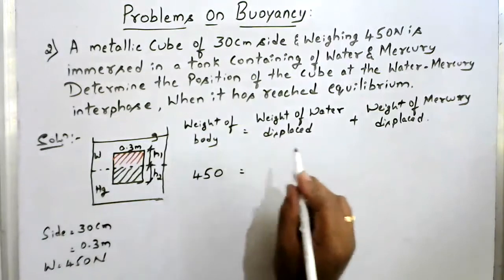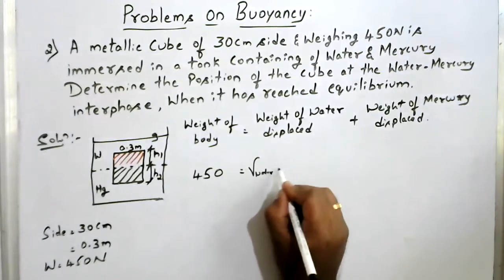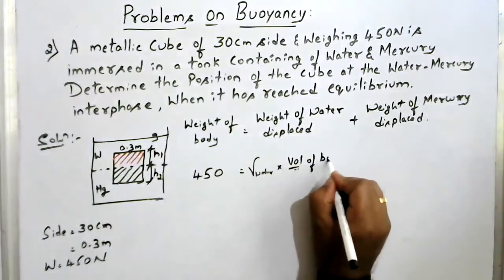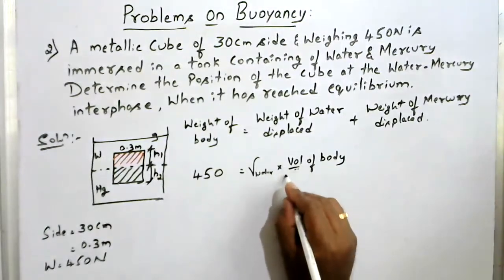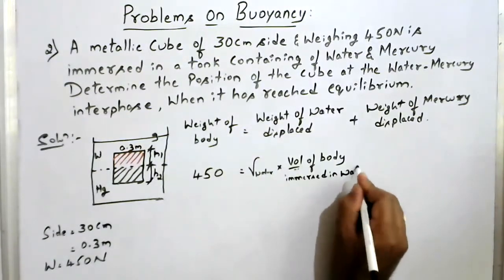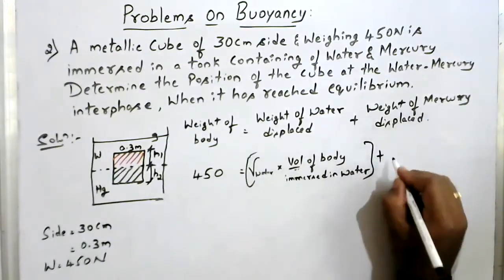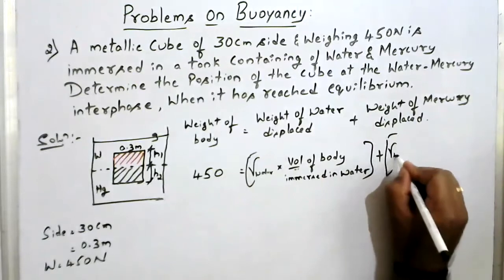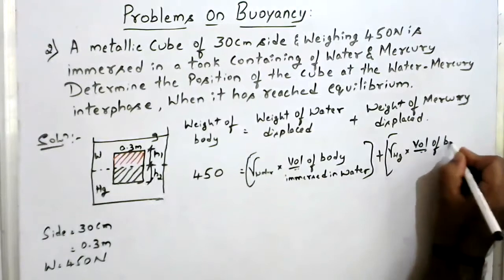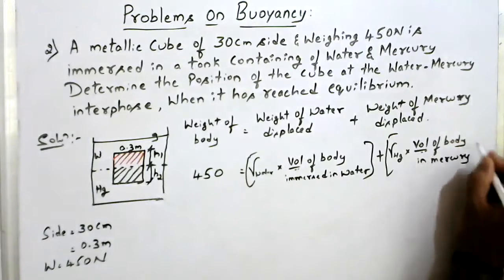Then the weight of the water displaced is obtained by the density of water multiplied by the volume of the body or cube immersed in water. Correct? So this is one. Then plus the weight of mercury, which is nothing but the density of mercury multiplied by the volume of the body immersed in mercury.